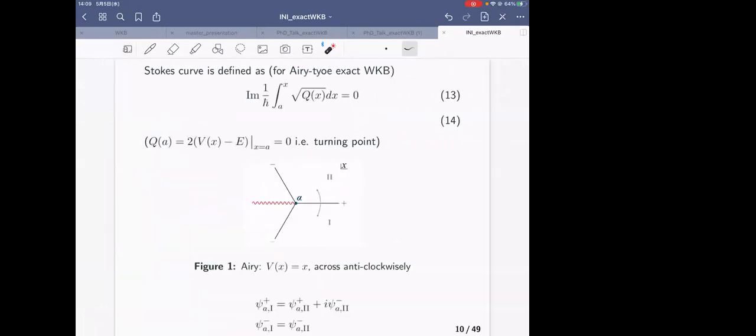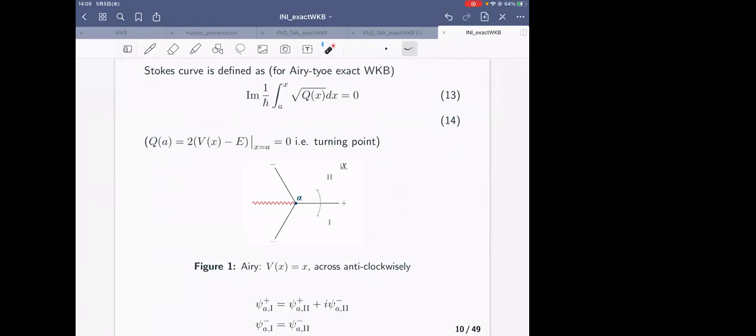And to consider the monodromy of the wave function, we draw a Stokes curve. The Stokes curve is defined by the leading part of the WKB expansion. And this is the simplest one, the Airy case.